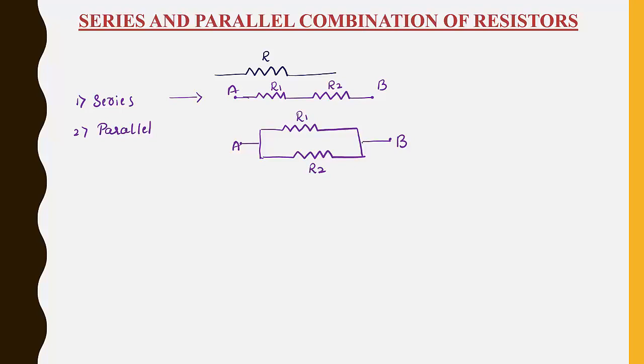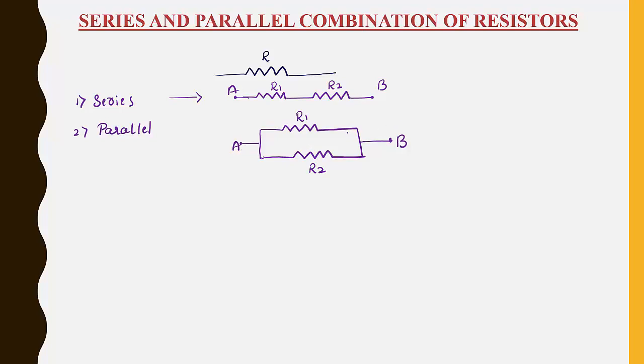They are not connected end to end, but they are connected at the common points A and B. Resistors are said to be connected in parallel when they are connected between two common points, A and B. This is parallel combination. So what is a series combination? The resistors are said to be connected in series if they are connected end to end. And similarly, what is parallel combination? The resistors are said to be connected in parallel when they are connected between two common points like A and B.